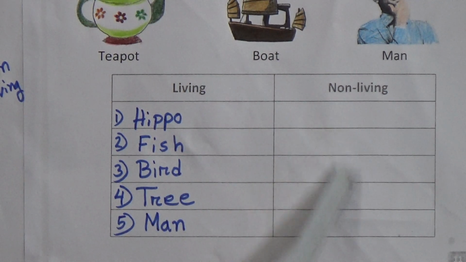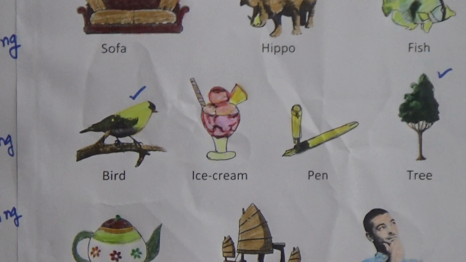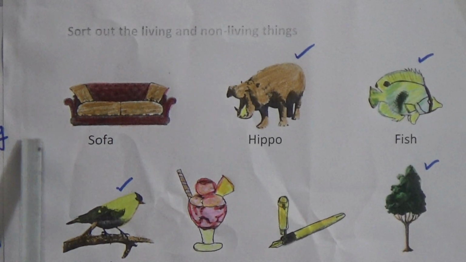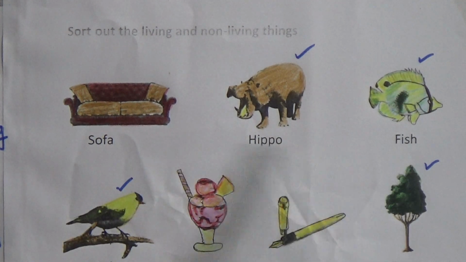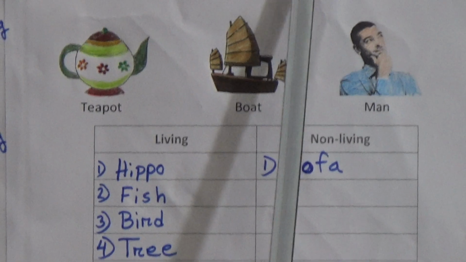Now next we will fill up this table of non-living things. From the first line we can see a non-living thing, the picture of a sofa. So number 1 is sofa. And from the second line we can see 2 pictures of non-living things. First one is ice cream and then a pen.